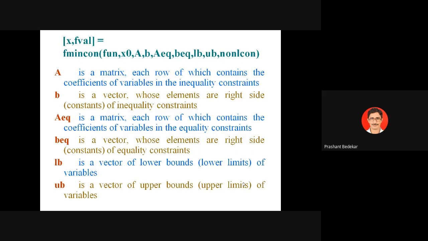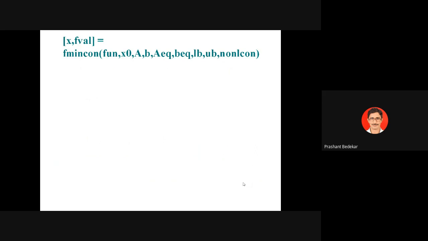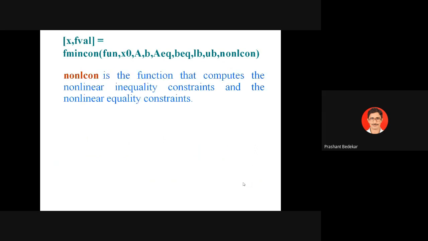They are all specified in a separate function, and that function shall appear with the function handle, again @ and the function name. So nonlcon is the function that computes the non-linear inequality constraints and the non-linear equality constraints.